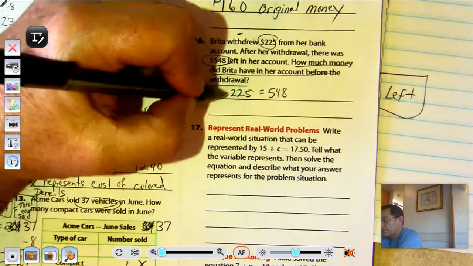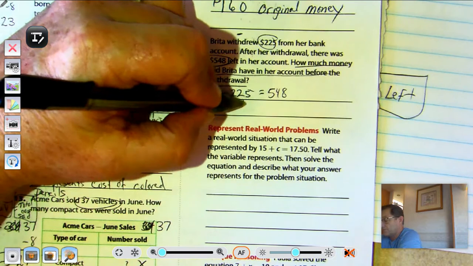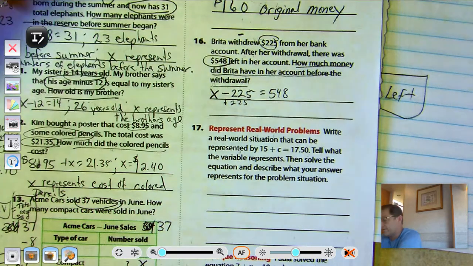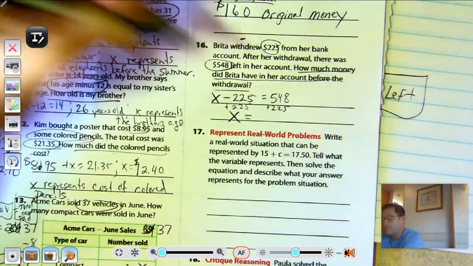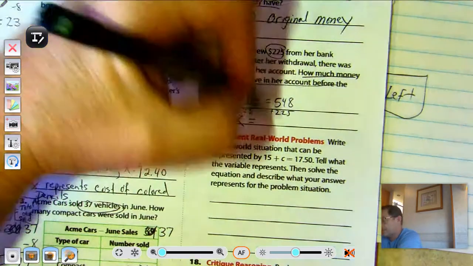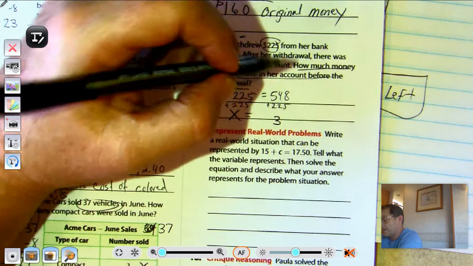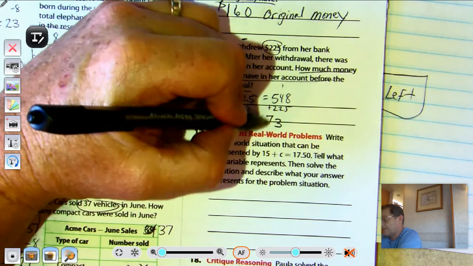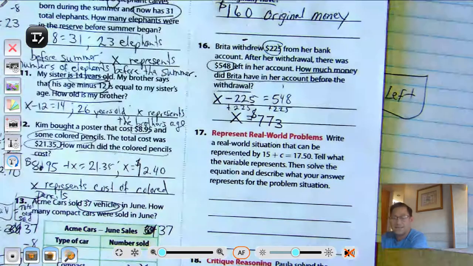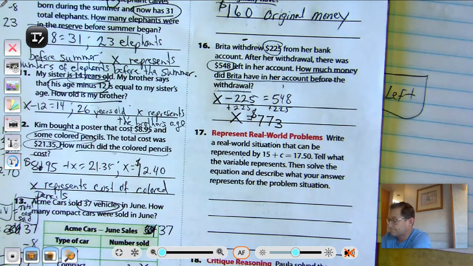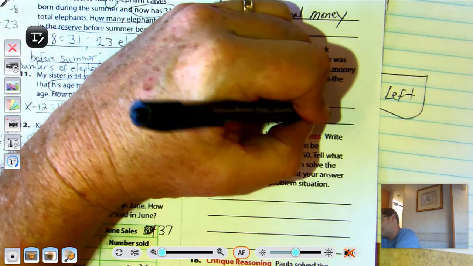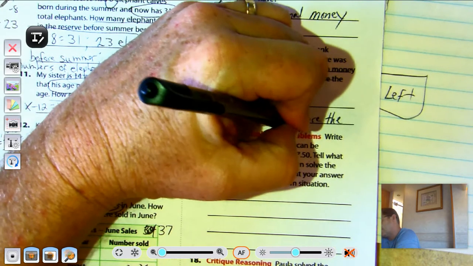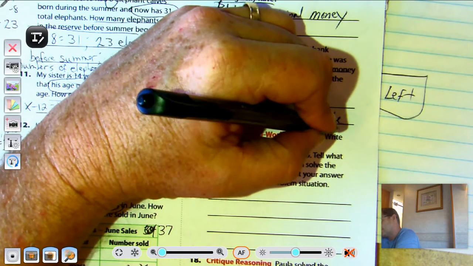Okay, well, I'm going to do the inverse operation and add 225 to both sides. I'm going to be left with x on the left-hand side, and my sum on the right-hand side is $773 before the withdrawal.